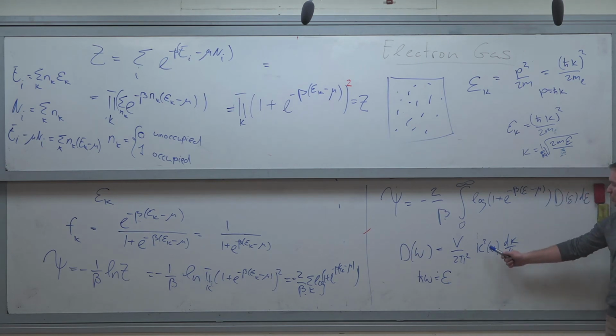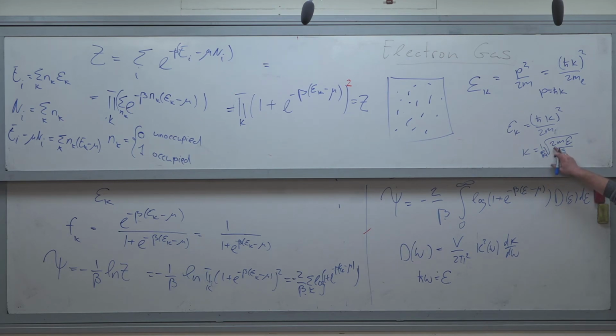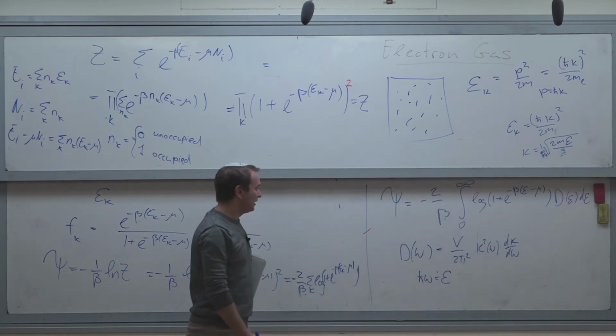And we want to look at what k squared of omega is. We can say, well, k squared of epsilon is actually very easy. It's 1 over h bar squared, 2m epsilon.